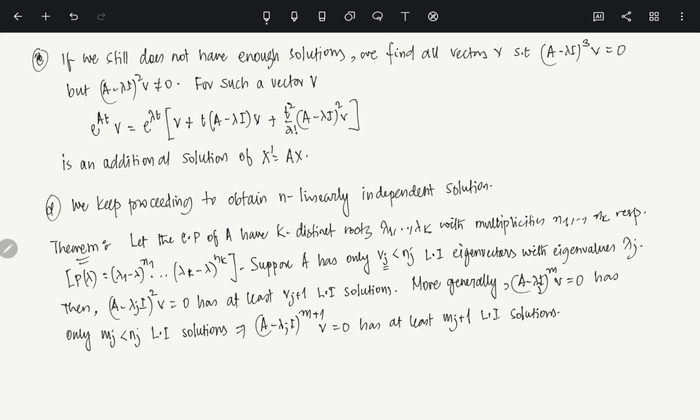So if (A minus lambda j I) to the power m equals 0 has mj linearly independent solutions, then if you take the m plus 1 power, it will have at least mj plus 1 linearly independent solutions. It is very important that it is at least. So from this lemma you can actually see this.